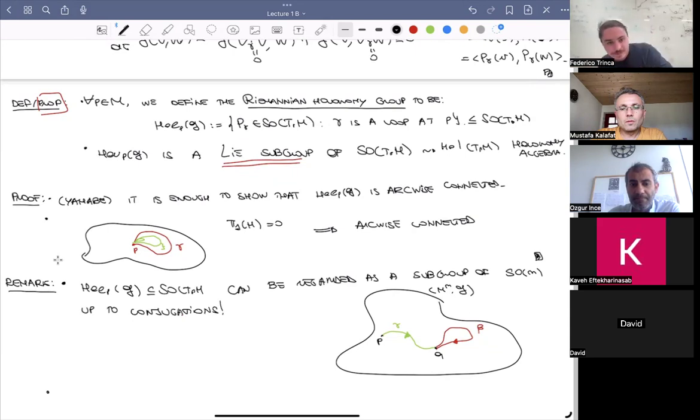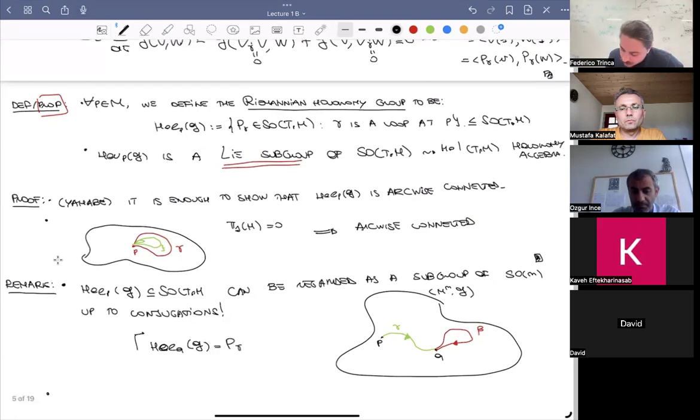And the reason is in this picture here. If you look at my holonomy group at Q, which is another point, then I can connect it through gamma to P. And with this connection, I have that the holonomy at Q is equal to P_gamma composed with the holonomy group at P composed with P_gamma to the -1.